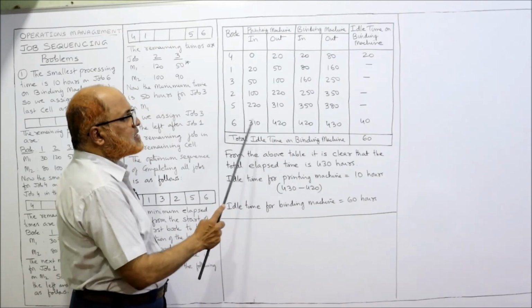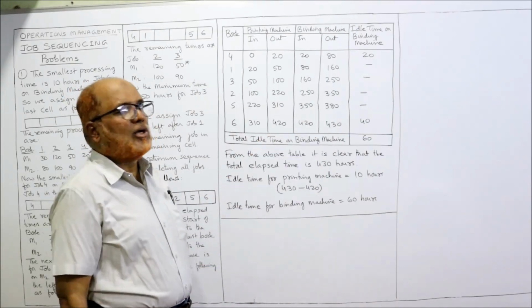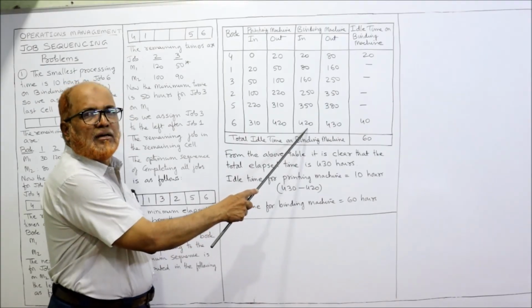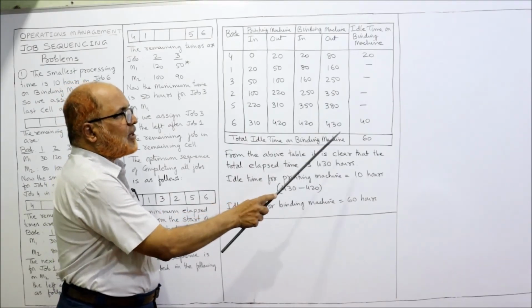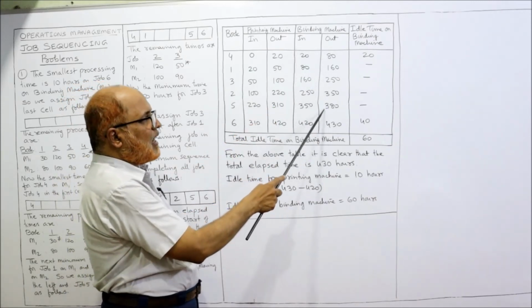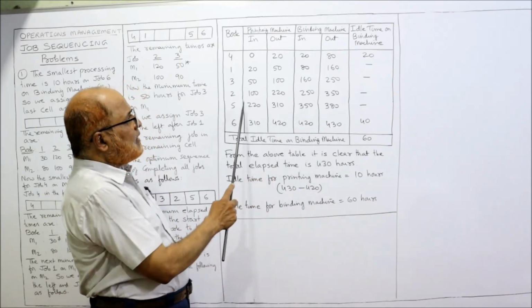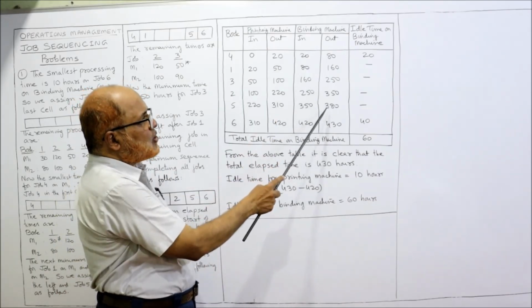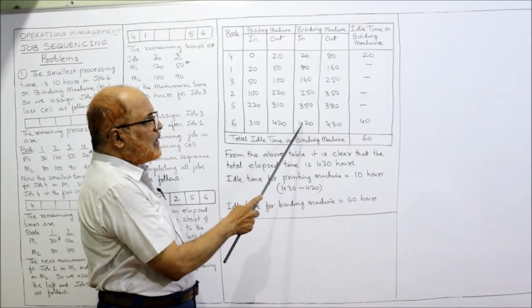How much time? Sixth machine binding is 10 hours. So 420 plus 10, 430th hour. At 430th hour, the work will be finished on binding machine. But during this time, how many hours the machine waited? The binding machine completed the job at 380th hour, but next job it started at 420th hour.